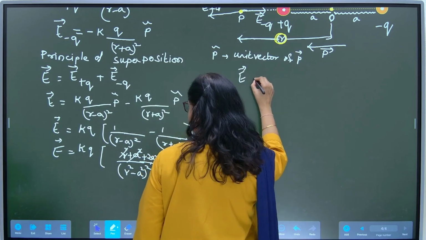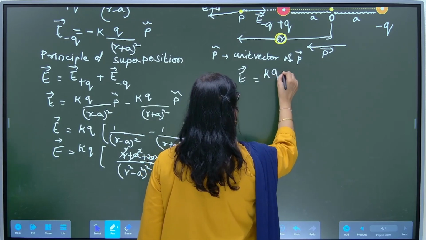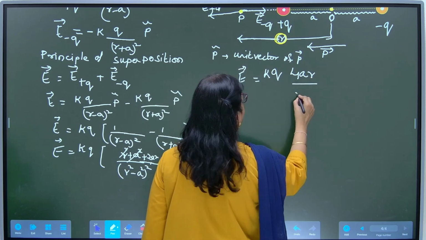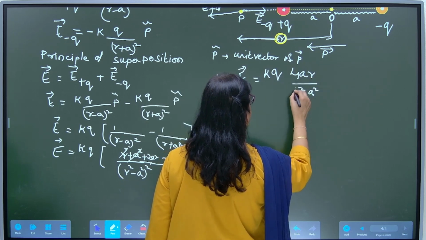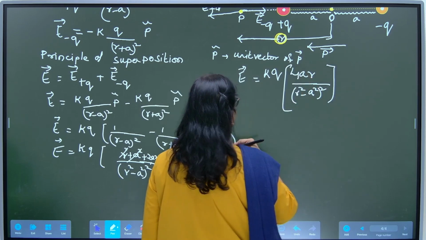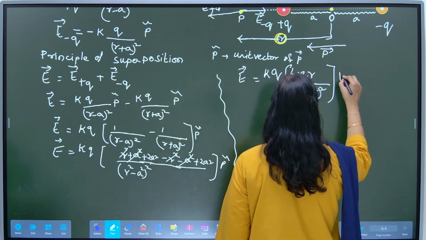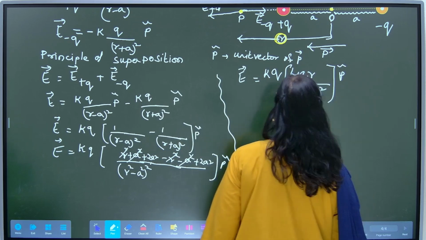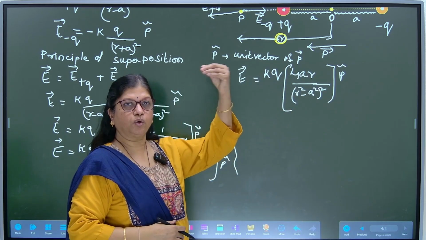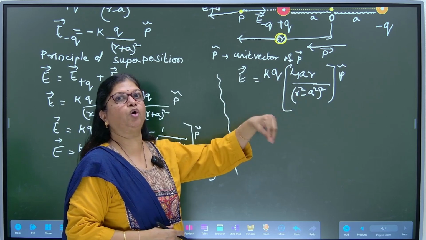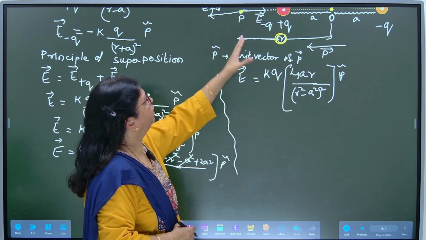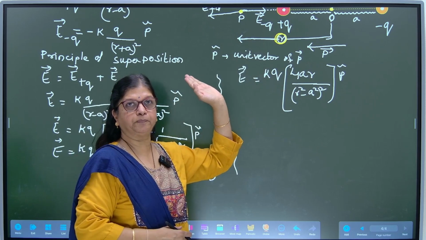Now in my next step, I continue. E is equal to KQ. What is left out? 4AR upon R square minus A square whole square, P cap. This can be left here itself, but we can talk about another condition. We can take another condition where the point P is very far from the dipole.